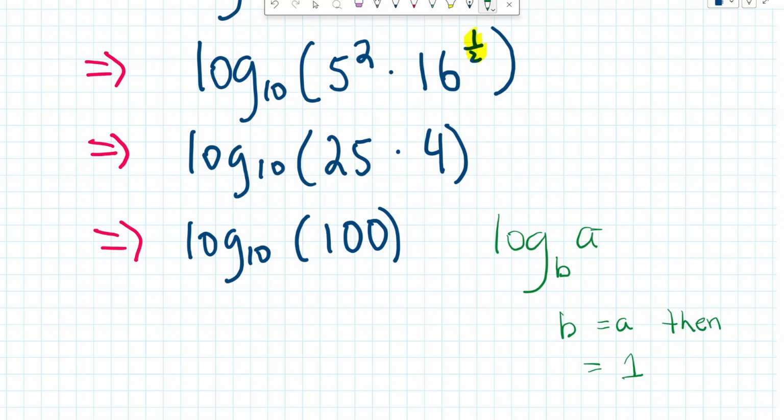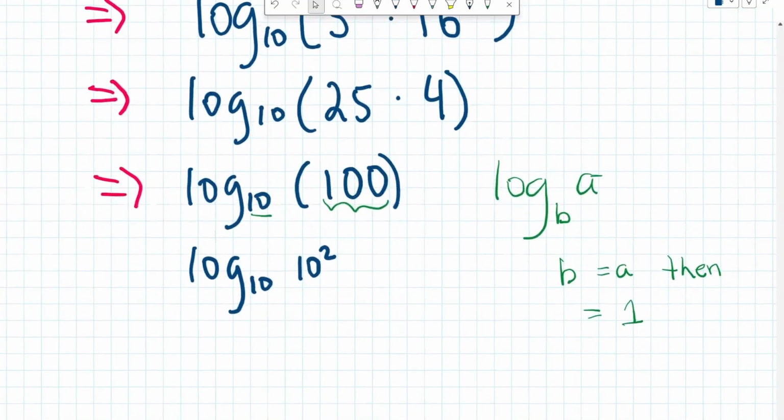So let's see if there's any way we can rewrite this 100 so that it equals our base. We have log base 10. We can rewrite 100 as 10 to the power of 2. That way the argument here equals the base of our log.